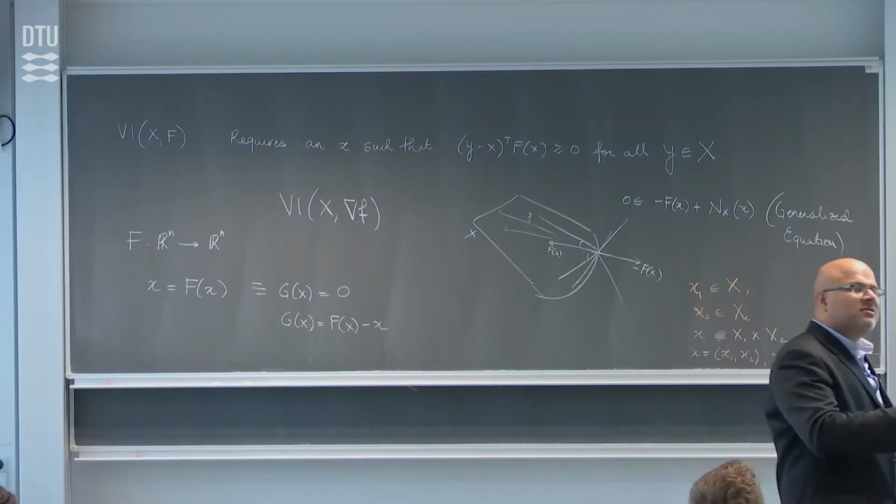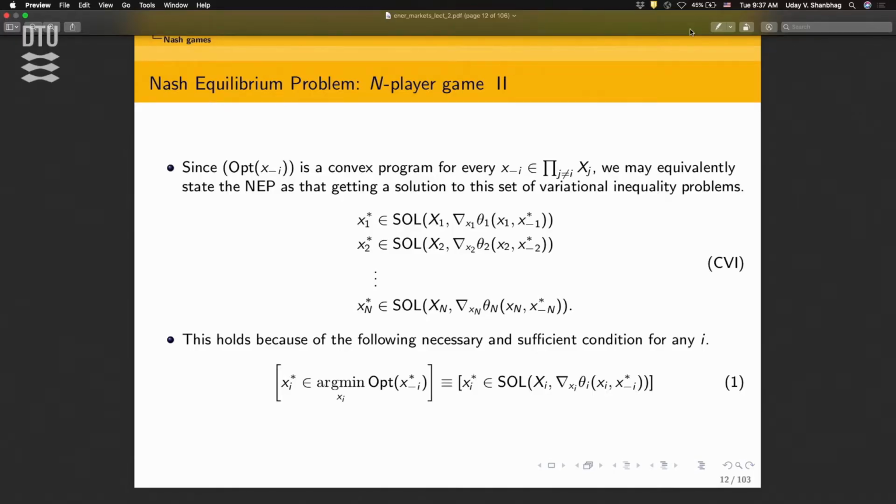Because you fixed the rival decisions at x_{-1} star, and you are allowed to optimize. You're only at Nash if x1 star is still an optimal solution. There could be multiple optima, but you need to make sure at least that it's in the solution set. So this is important. You do this for each player.